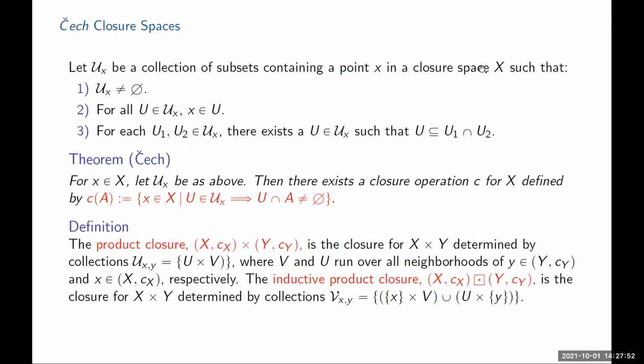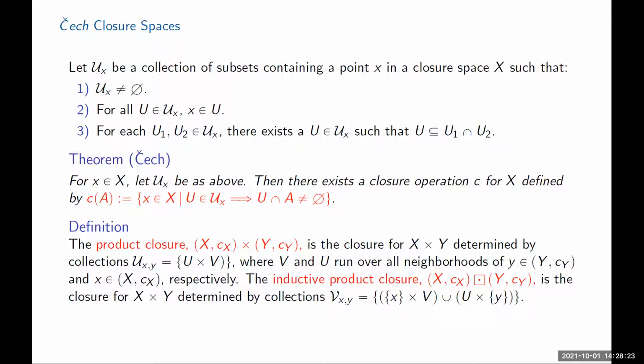Remember, in the case of topological spaces, you can actually characterize the closure of a set using neighborhoods. One valid definition of a closure in topological spaces is: a point is in the closure of a set if and only if every neighborhood of that point has a non-empty intersection with your set. And you can actually just use that here in this theorem as the definition. Whenever you have a collection of subsets satisfying these properties, you can define a unique closure operator from those collections.